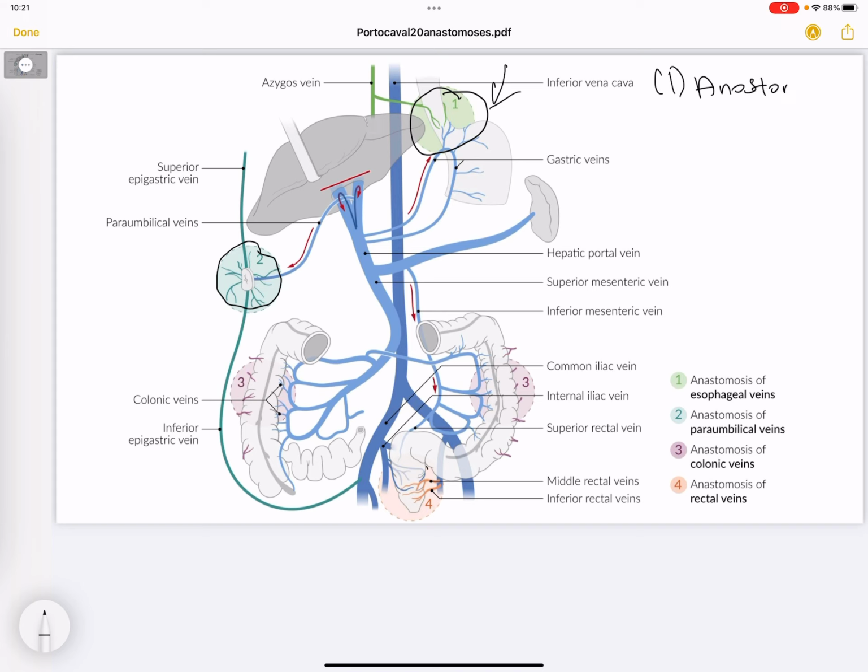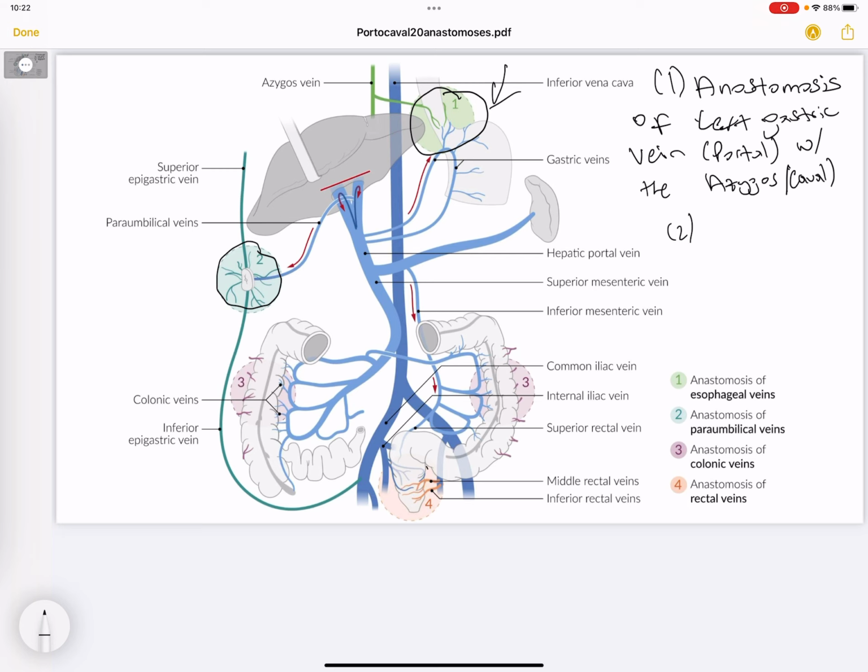In this region, we're going to see the anastomosis of the left gastric vein, which is part of our portal system, with the azygos vein, which is located in our caval system.